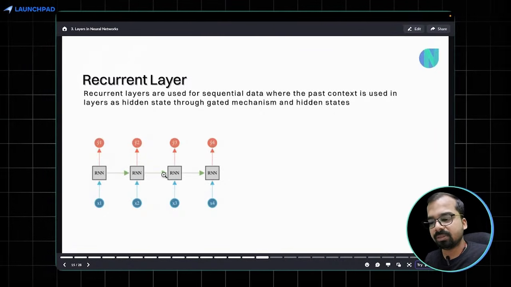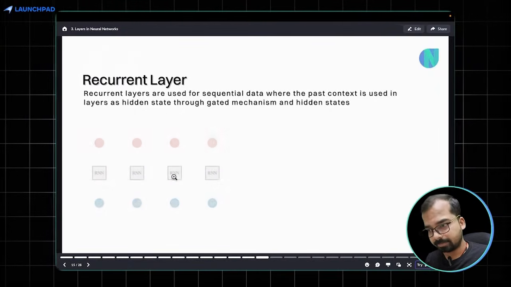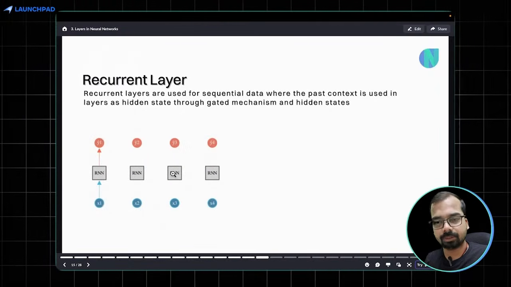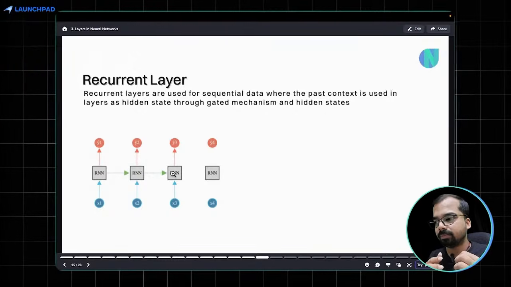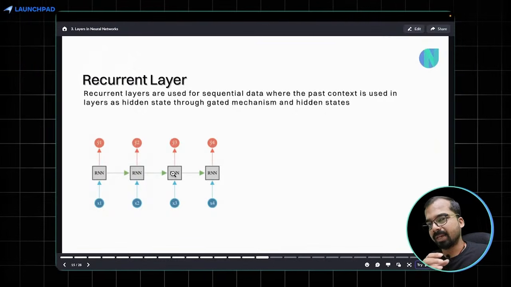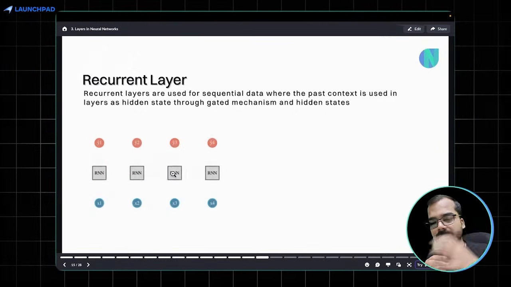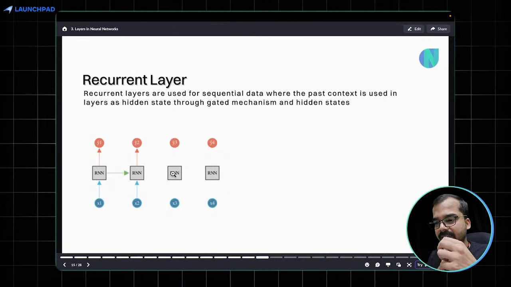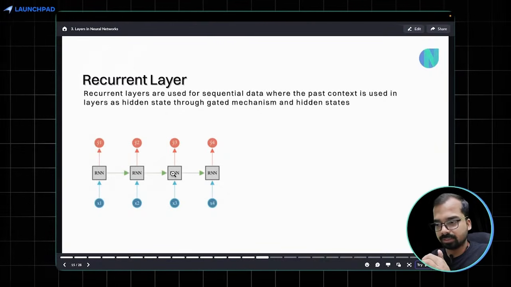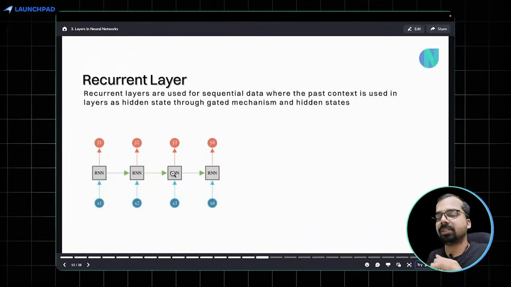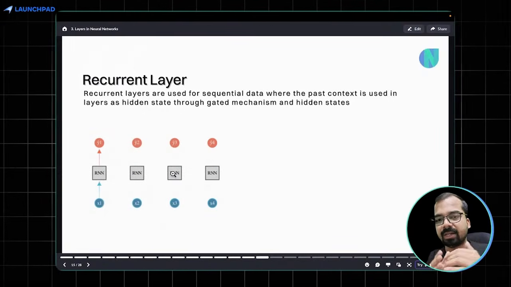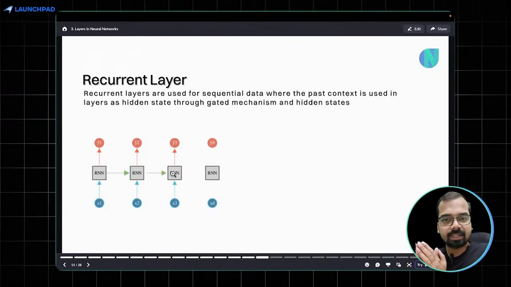Then again it is passed to the same neural network with x3 as input. So you are giving information about what past words this model has seen, as well as the current word we are processing. So it is able to capture the dependence of previous words on the current word also.